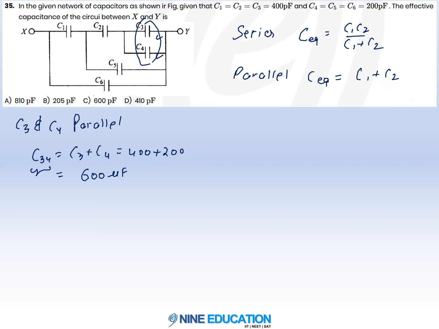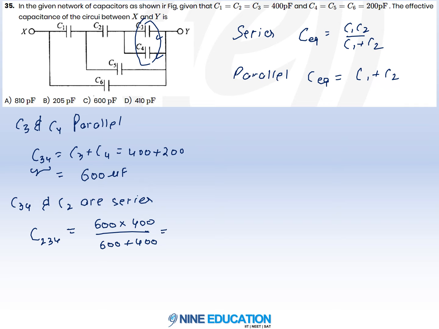Now this C34 equivalent and C2 are in series combination. So their equivalent C234 becomes 600 into 400 upon 600 plus 400.